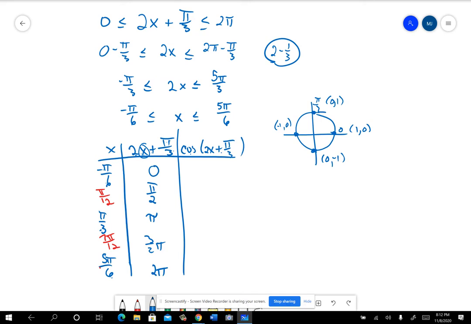So the cosine of 0 is 1. Pi over 2, the cosine is 0. Cosine of pi is -1. 3 pi over 2, the cosine is 0. And 2 pi, the cosine is 1 again. Okay? So if you think about just that part of it and do the graph, that would be helpful. So I'm going to think about the graph of just that.